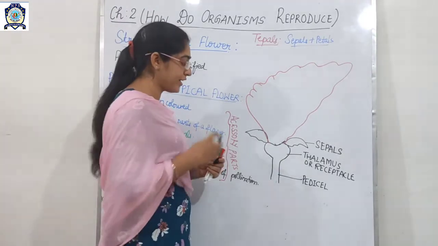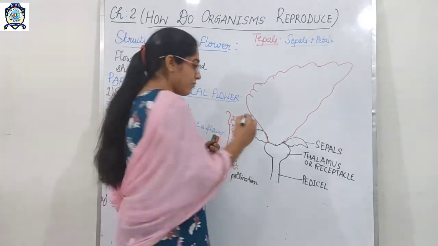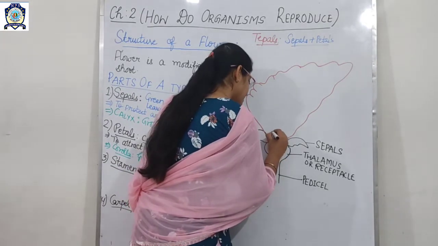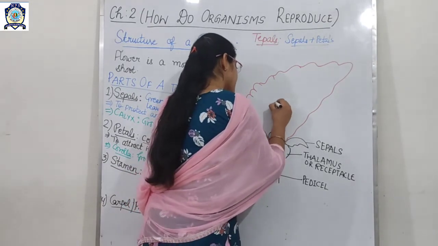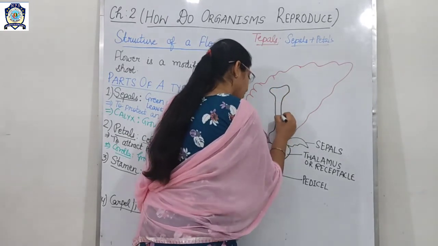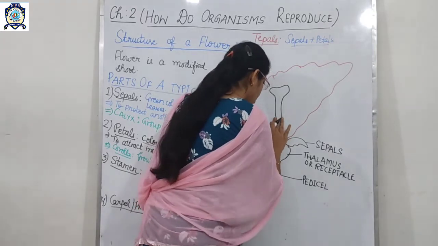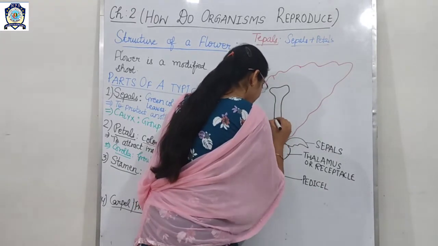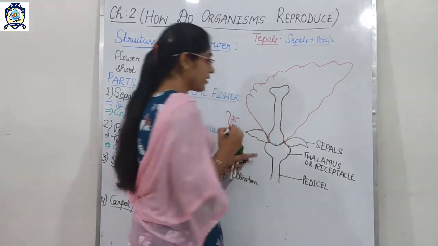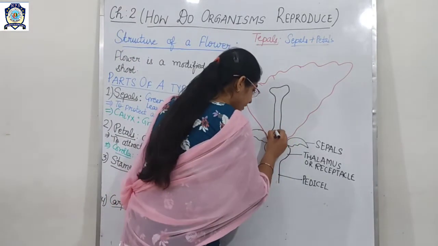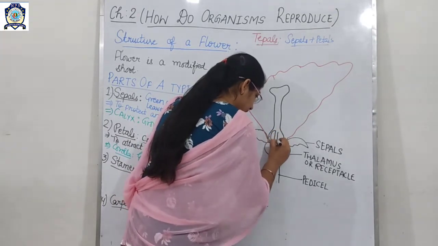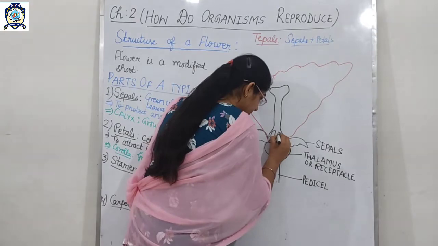So again I am going to draw it. I am going to draw the female reproductive part. So in this way you have to draw the female reproductive part, which is called the carpel. Am I clear? So here is present another part. I will also label it.